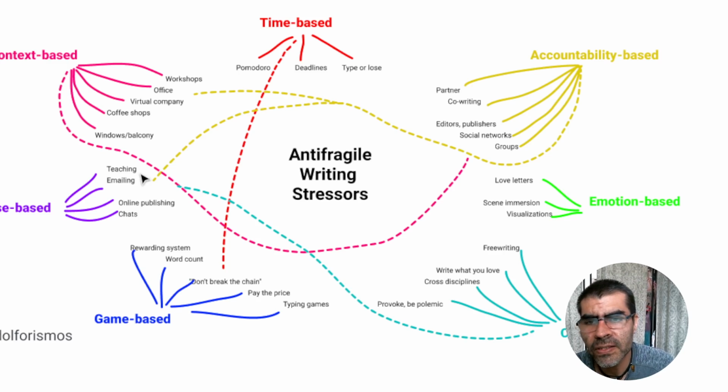So this is a very good example of how you can use these stressors. If you are good at writing for your teachings, for your classes, maybe you can start writing other kinds of text, thinking or visualizing an audience for teaching and try to write as if it was for a course. That's a very nice way to find a stressor.